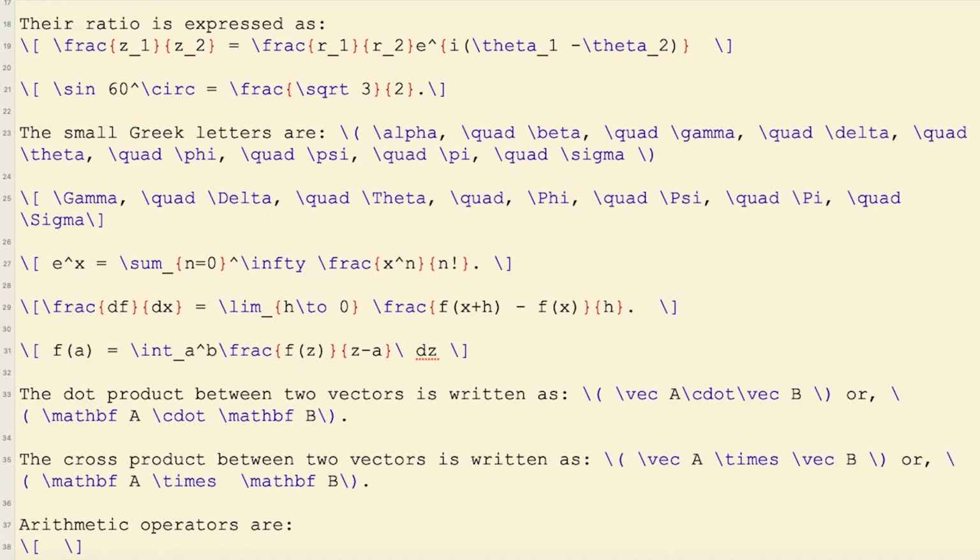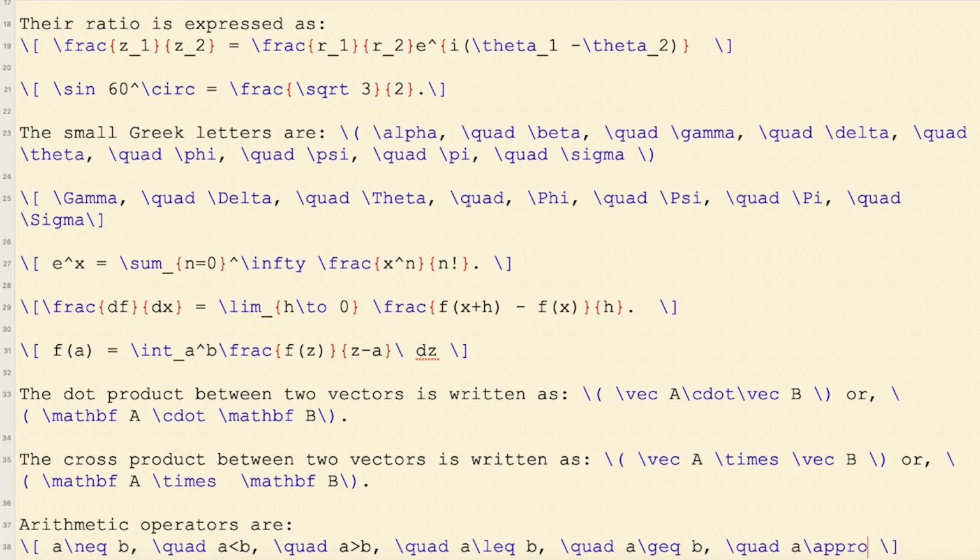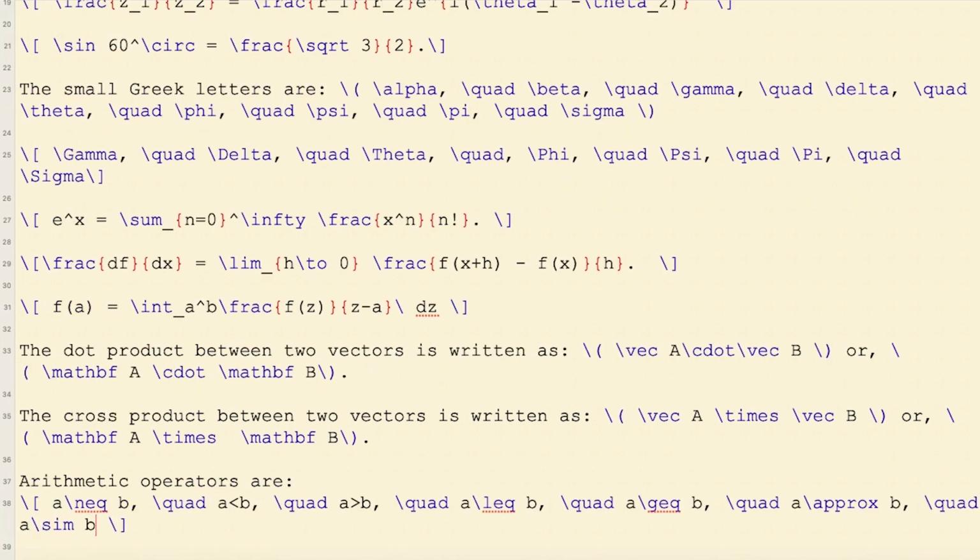They are written as a \neq b, then I am using a space \quad, a < b, \quad a > b, \quad a \leq b, \quad a \geq b, \quad a \approx b, \quad a \sim b, \quad a \equiv b.